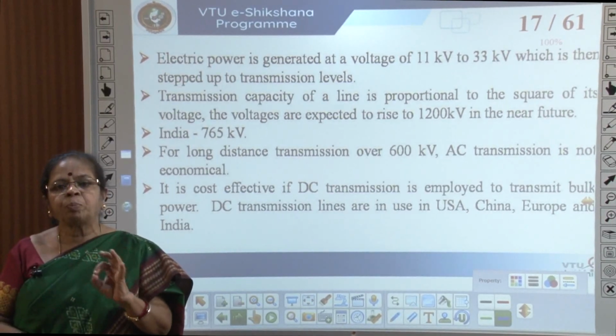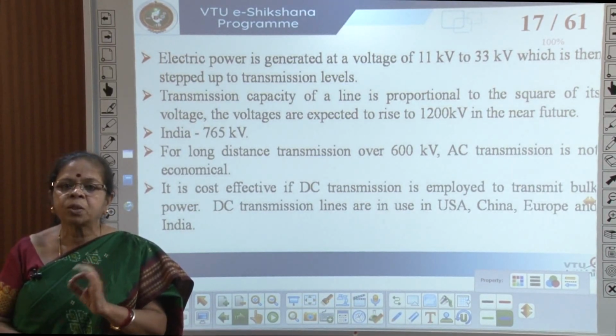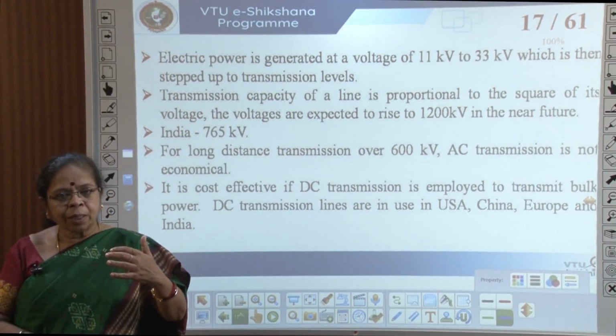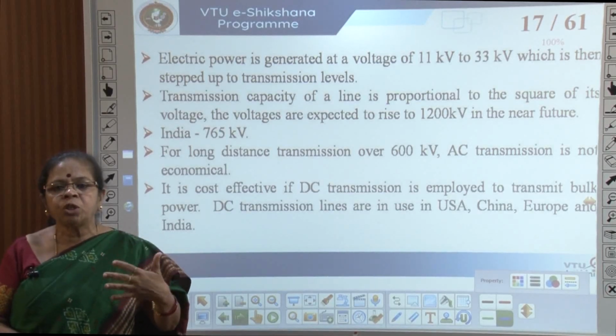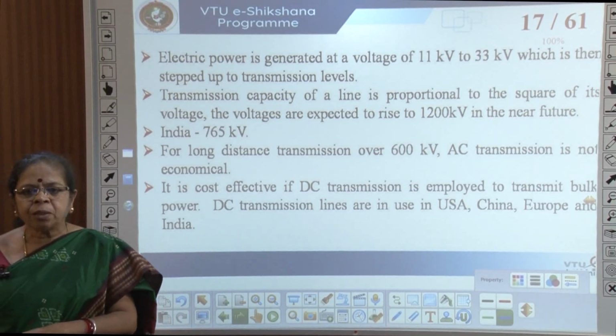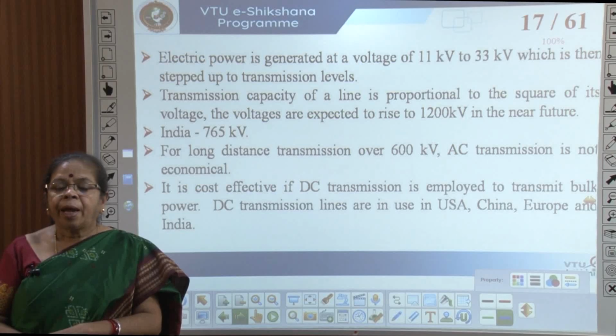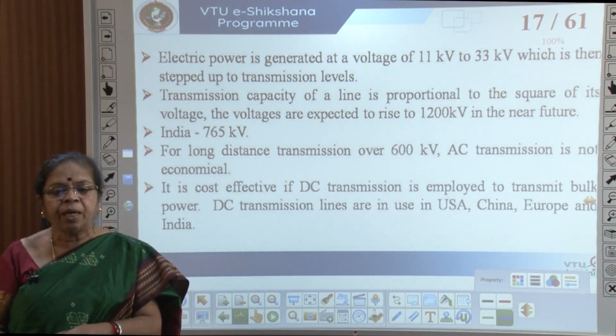So, we know power is proportional to V squared. So, the capacity is proportional to the square of the voltage. The voltages are expected to rise to around 1200 kV on more lines in the near future. And in India, we have a lot of 765 kV lines also.